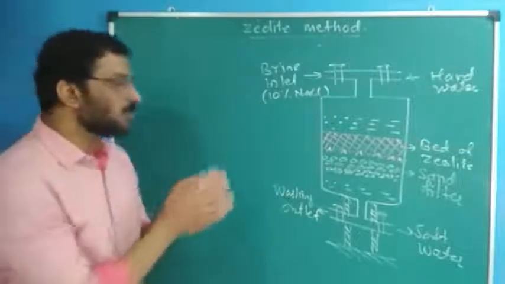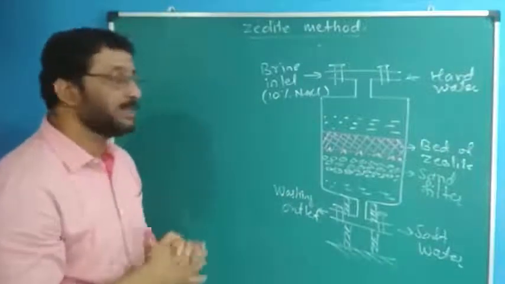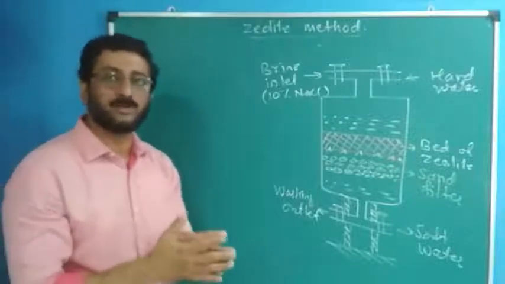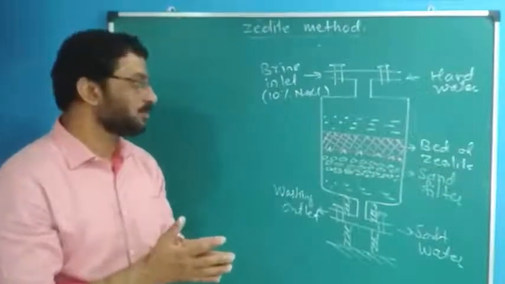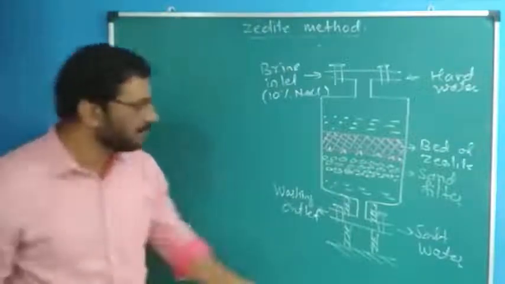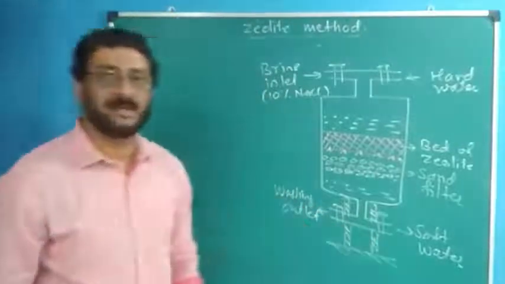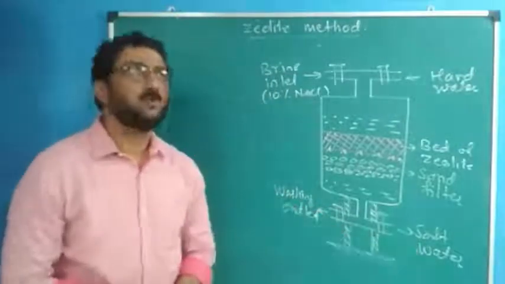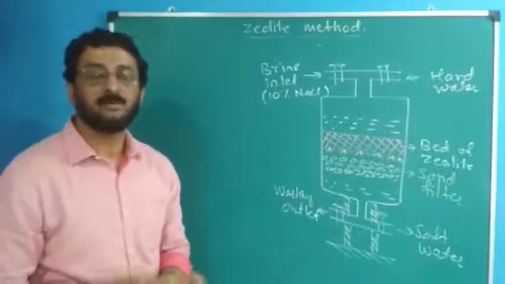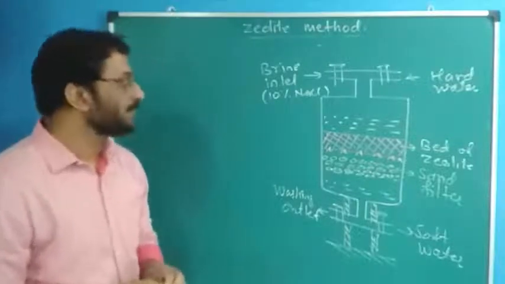Now what are the advantages of the process? A minimum of 2 to 3 advantages and disadvantages you are expected to know and write. First, quite good quality water we get from the outlet, whose hardness may be 10 to 15 ppm. That is good quality water.